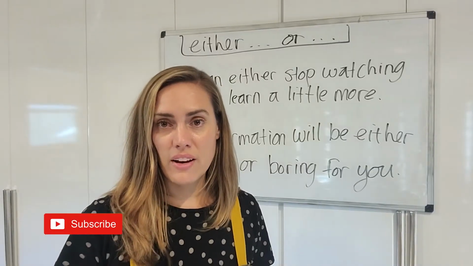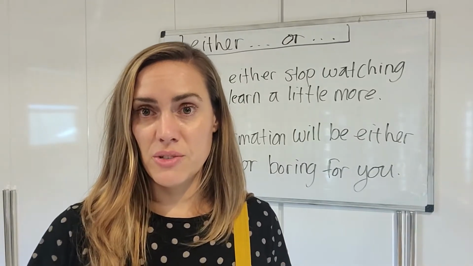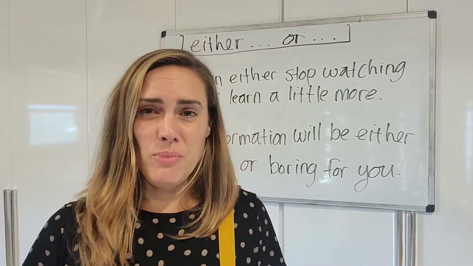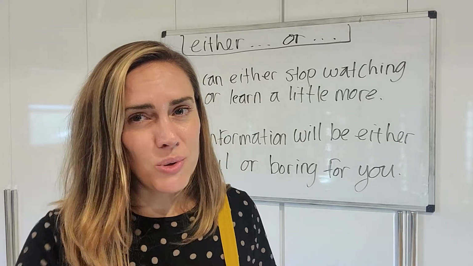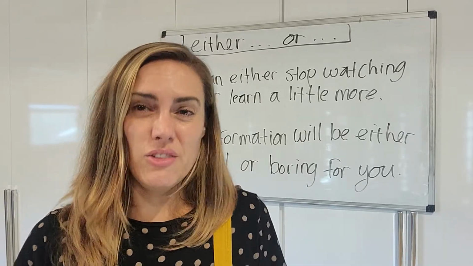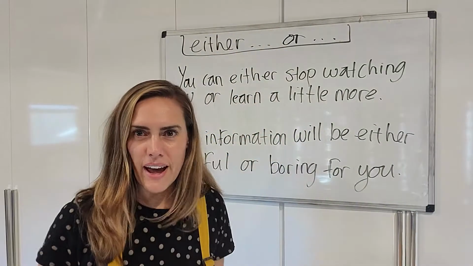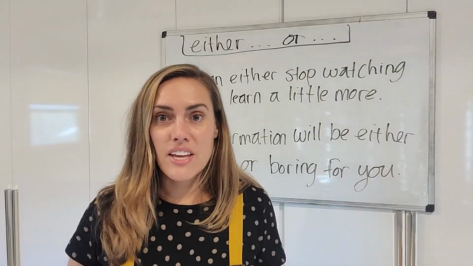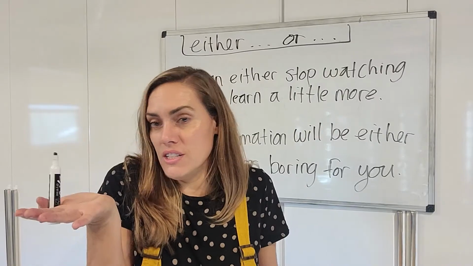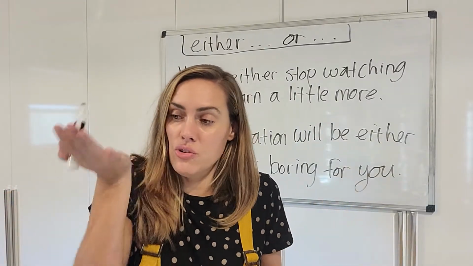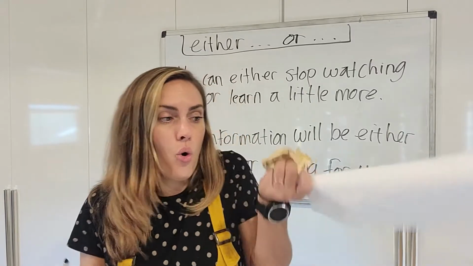Okay, so I've run out of examples about runners, videos, and mountain lions, so now I'm just talking about this grammar, which may not be so exciting for you, but who doesn't want to know how to use "either or," right? Okay, "either or." What does that actually mean? That means that you have a choice. You can do this or you can do this, but you can only do one. You can do either this or this.